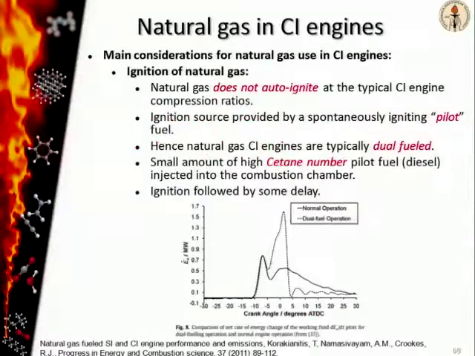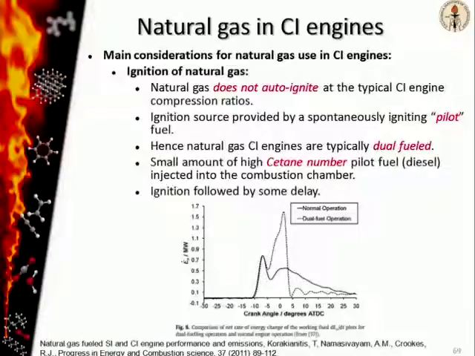In terms of ignition of natural gas, typically the way you have combustion in a diesel engine is by auto ignition of the fuel-air mixture. But one of the problems that you face when you switch over to natural gas is that the fuel mixture does not auto ignite at the typical compression ratios that you encounter in diesel engines. So in addition to having natural gas, you now need to inject some kind of pilot fuel that will initiate the combustion process.